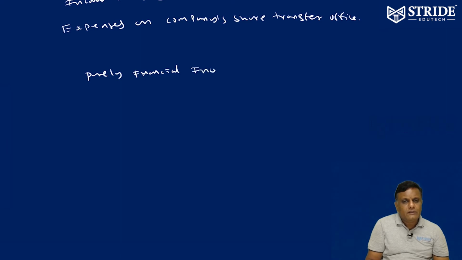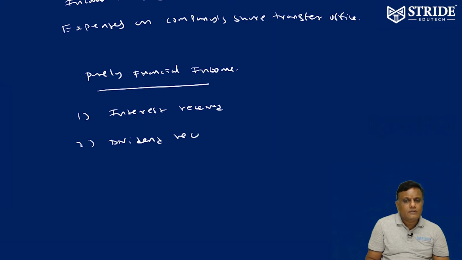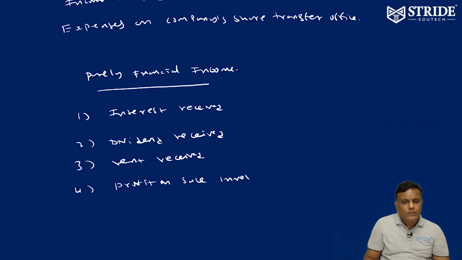Number 1, interest received, dividend received, rent received, profit on sale of investments or any assets or plant and machinery.